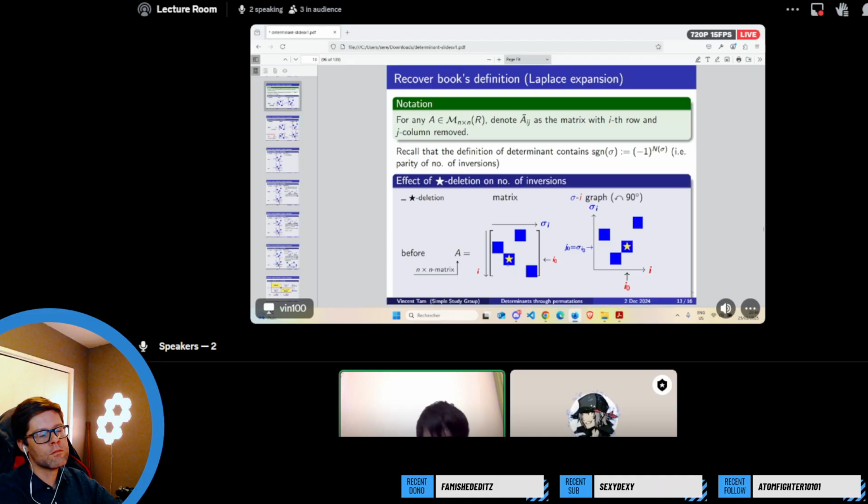The blue cells represent the terms after the product sign in the definition of determinants. And here I just wrote i represents a row index and sigma i represents the column index of a particular permutation.